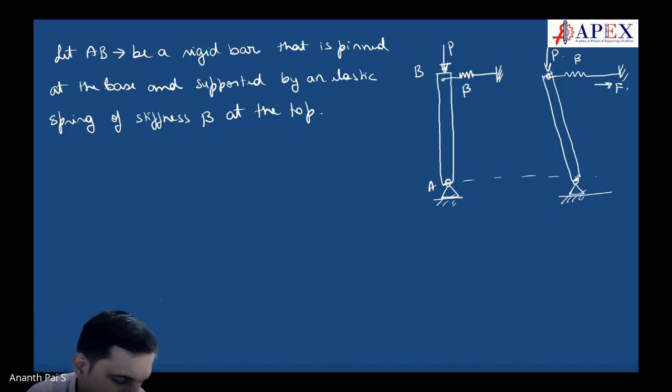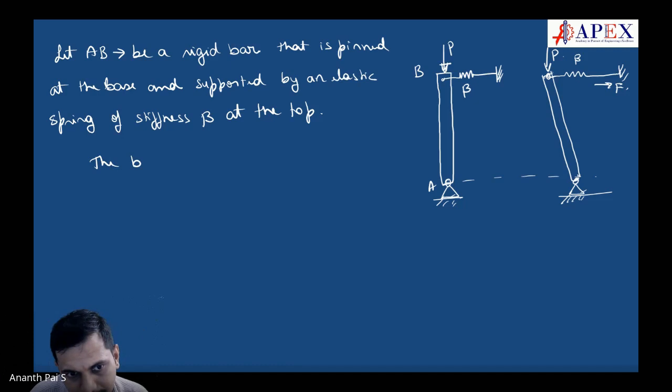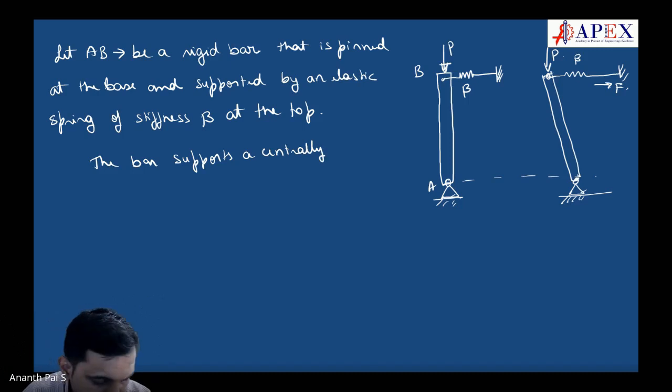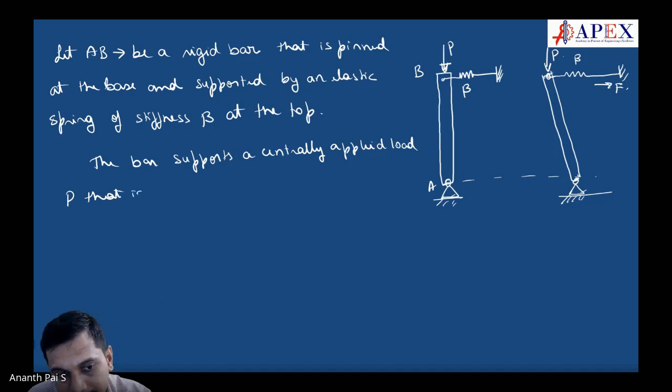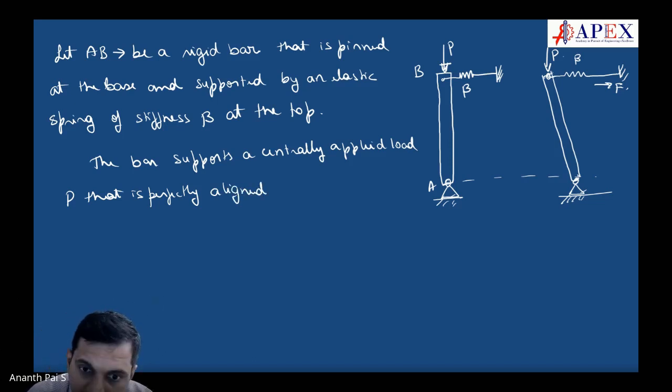Let there be something at the top. Stiffness is also called a spring constant, right? The bar supports a centrally applied load P that is perfectly aligned with the axis of the bar.